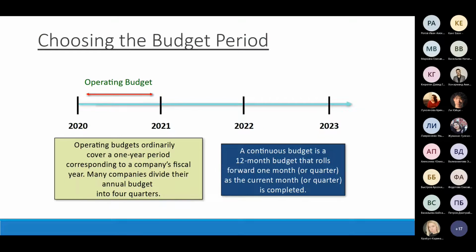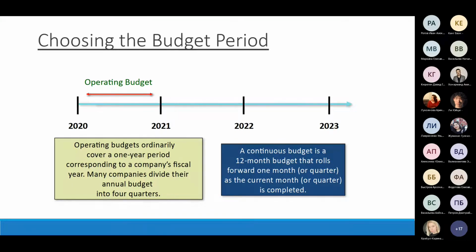So to choose the budget period, we may use special definitions. We would have operating budgets. Operating budgets usually cover a 1-year period that corresponds to a company's fiscal year.